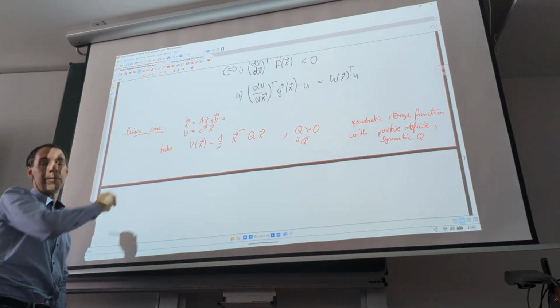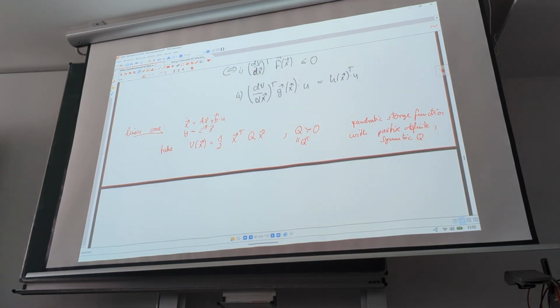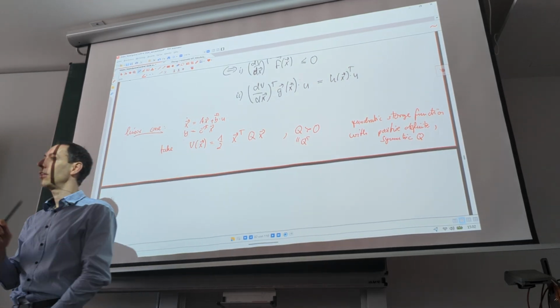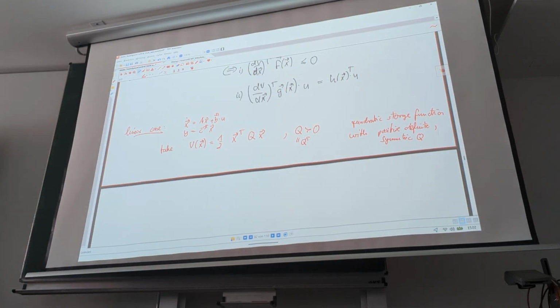If we look at our Hamiltonian modeling, then we would always end up at something which is at least positive semi-definite symmetric. And to make this positive definite, we typically just have to add something on top of it. But in most cases, we will find this to be the Hamiltonian, and therefore this would work directly.